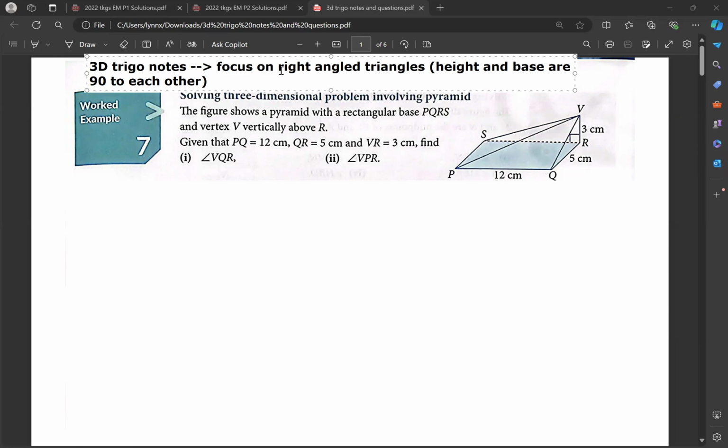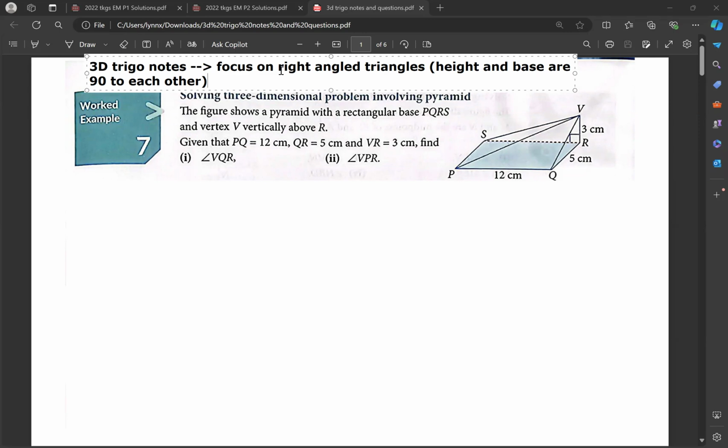Okay, once you are ready, put down your pen and then we'll start. Okay, so for me, I don't usually draw everything on the diagram.